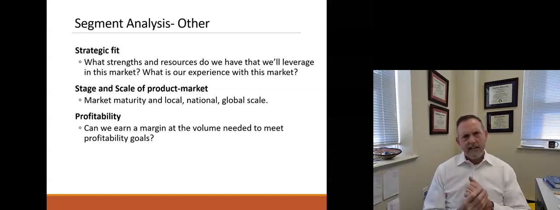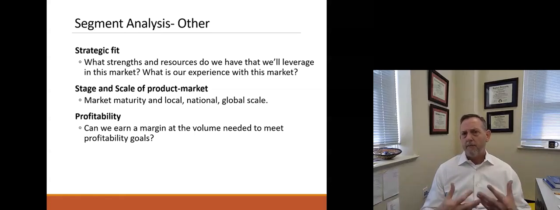A couple other things: the stage and the maturity of the market. Some markets are brand new and they're just emerging. Emerging markets, developing markets need to be developed. They're young, they're early. Think of early product life cycle purchasers, or think of markets the same way.